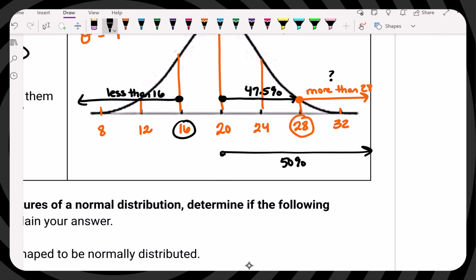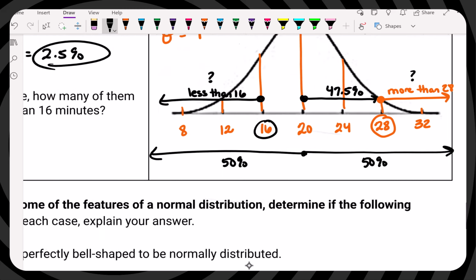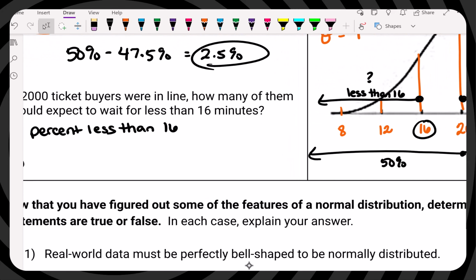I'm working on the left-hand side, and I know from 20 to the left is a total of 50%. I do not know this, but I do have the ability to go from the mean, which is 20, out 1 standard deviation.